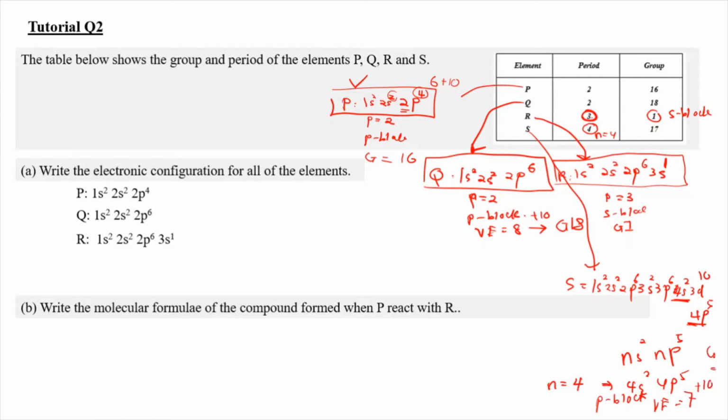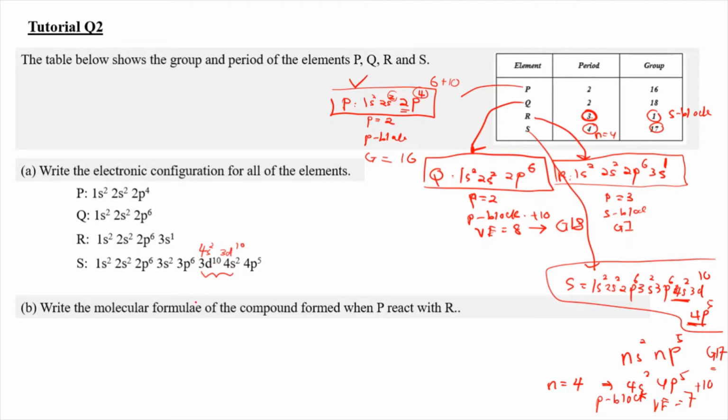So we're going to get group 17, which is similar to here. So we know that this one is the correct answer. So S is going to be 1s2, 2s2, 2p6, 3s2, 3p6, 3d10, 4s2, and 4p5. And this position here is interchangeable. Okay, and usually we're going to write 4s2 first, then only 3d10.